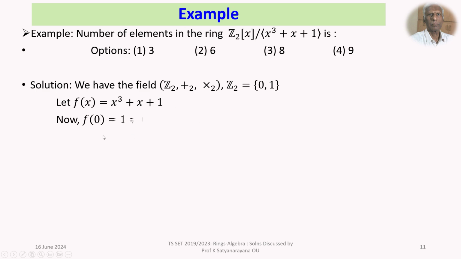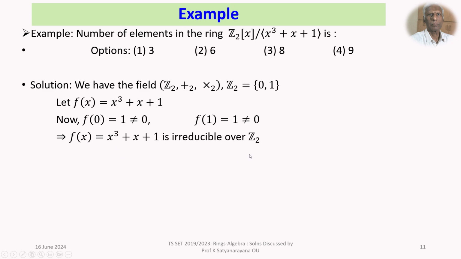Now, f(0): substitute 0, 0 + 0 + 1 = 1, not equal to 0. f(1) = 1 + 1 + 1 = 1, not equal to 0. So this tells you f(x) is irreducible over Z2.